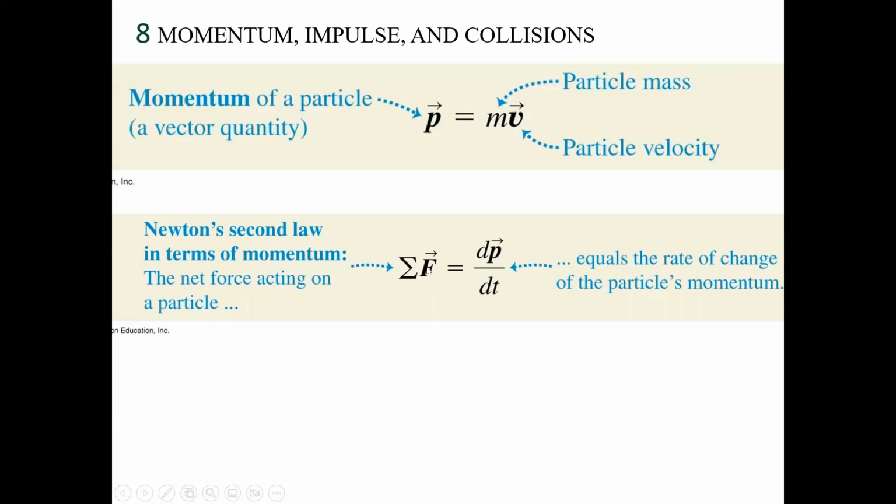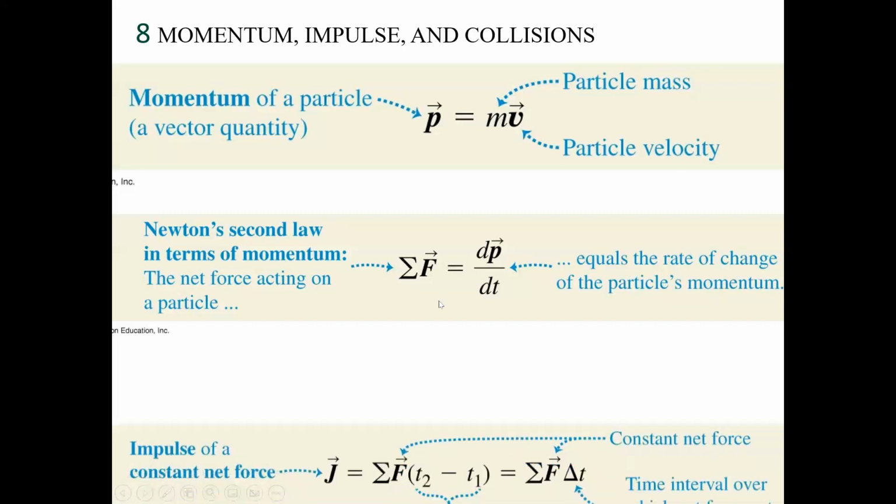The sum of all forces, which we can call the net force acting on a particle, will be equal to the rate of change of momentum. dp by dt on the right hand side is the rate of change of momentum. So this is the connection between Newton's second law of motion and momentum.